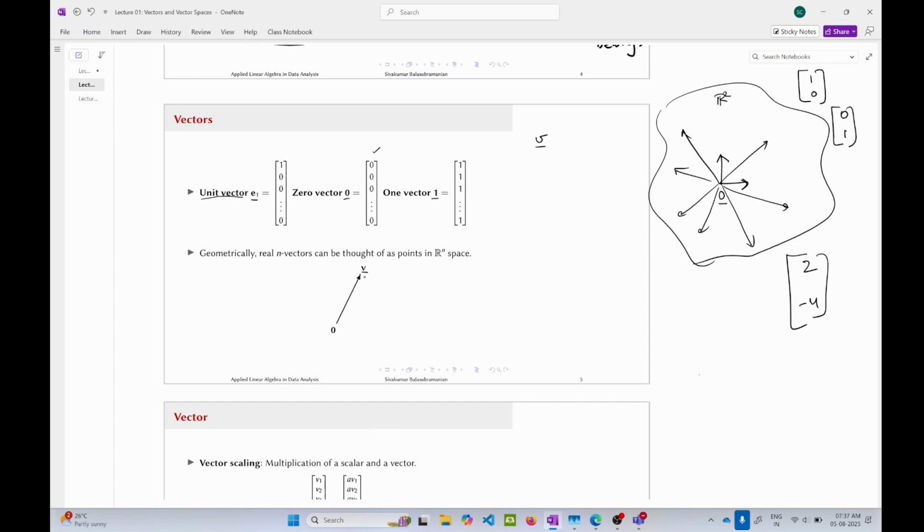Which essentially means all of these R2 vectors are points in this plane. If you choose any one of these points as 0 arbitrarily, then every other point can be represented by an arrow starting from the 0 vector to the point corresponding to each of those vectors. And this is often a useful way to think about it, because later on we'll see that many of the algebraic operations in linear algebra can be thought of as simply manipulating vectors in R^n.